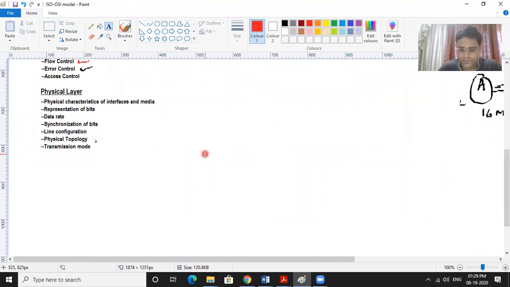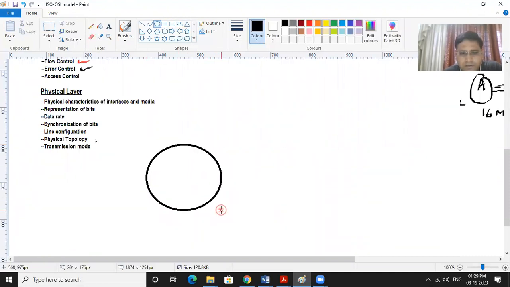Now, let us suppose there is a network. Let us suppose this is the Graphic Era Hill University network, the GEHU network.